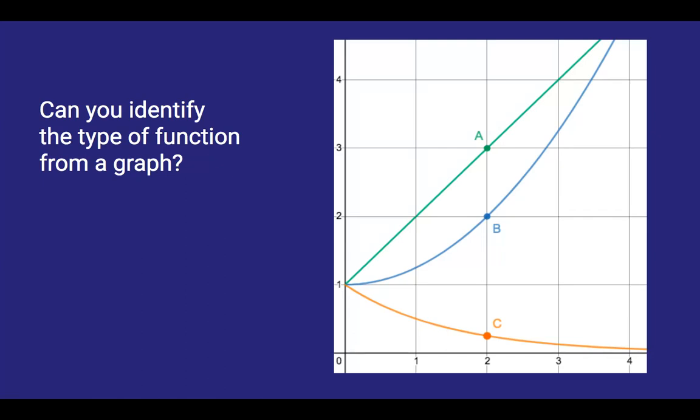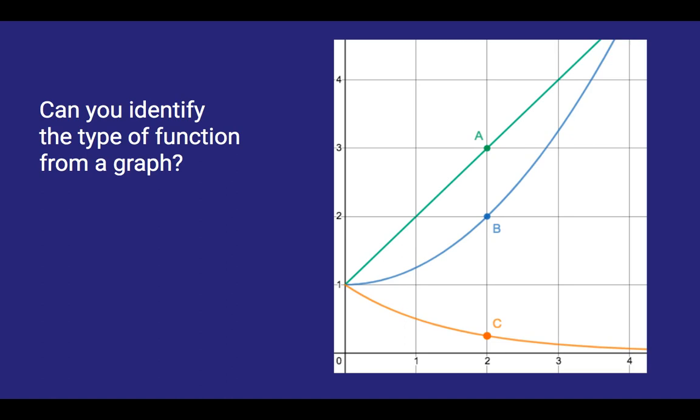Can you identify the type of function from a graph? Well, maybe, if you're given enough of the graph, but maybe not. So again, I'm going to teach you some ways to identify what type of function there is. For function A, there's a constant increase, constant difference to get from one point to the next. So we can determine from this information that function A is linear.